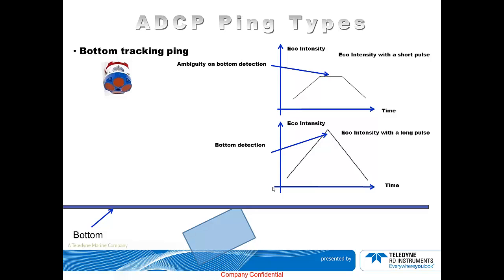As you can see, with a short pulse, there is an ambiguity in the bottom detection, which would make us less certain whether what was detected was really the bottom or just some ordinary volume backscatters. Whereas with the long pulse, there is a more defined echo intensity and thus a more defined or certain bottom detection.